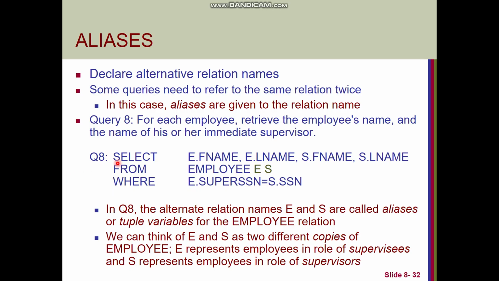Instead of employee, we are mentioning E. For example, select E dot F name, E dot L name, S dot F name from employee space E, space S. Here we are giving two aliases to the employee table, one is E and one is S. By simply using the space operator, we can give aliases, and it becomes a short form to use in long queries.